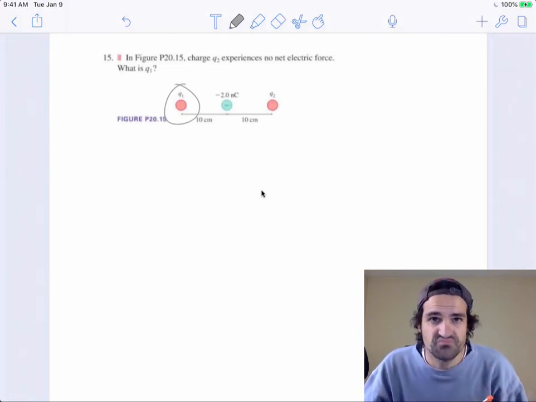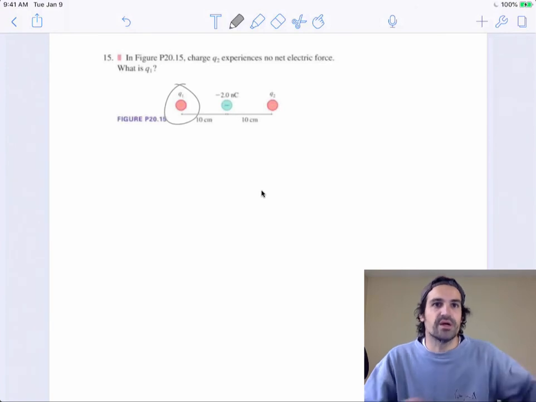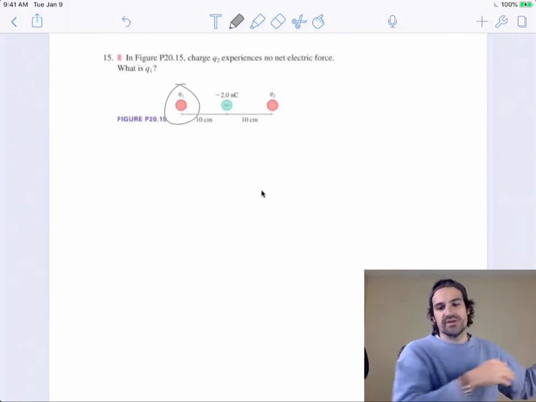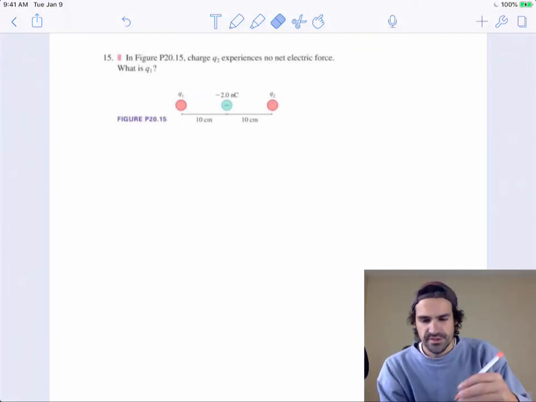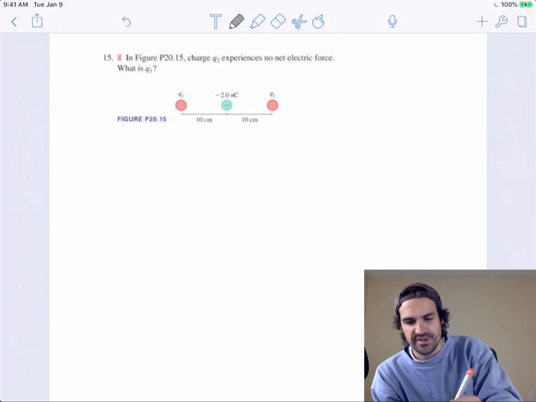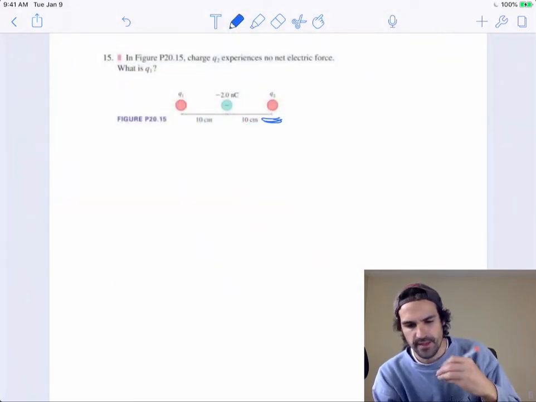No, wait, on charge 2. Charge 2 has no forces acting on it. So we need to first examine the forces on charge 2.